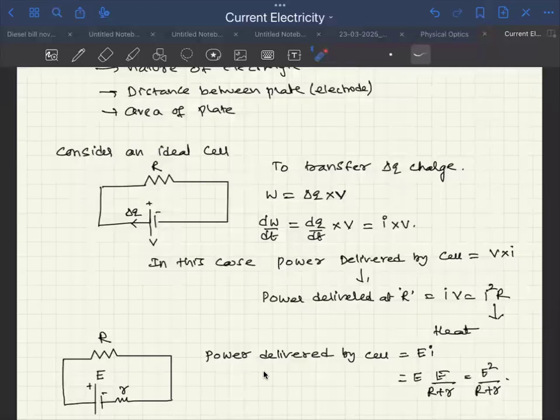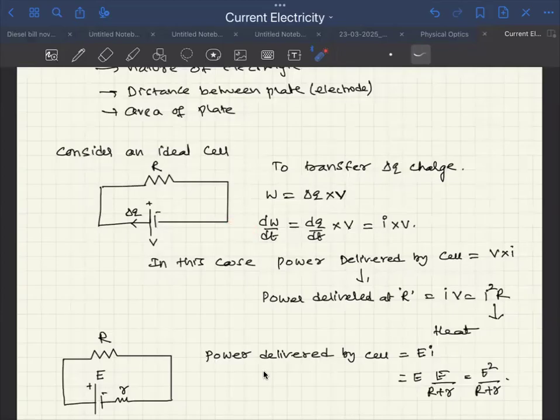Now the work done by the cell in transferring this much amount of charge is W equal to delta Q into V. Now I am going to find the rate of doing work, which means dW by dt, which is nothing but dq by dt times V. Here V is the EMF of the cell. Don't forget that.